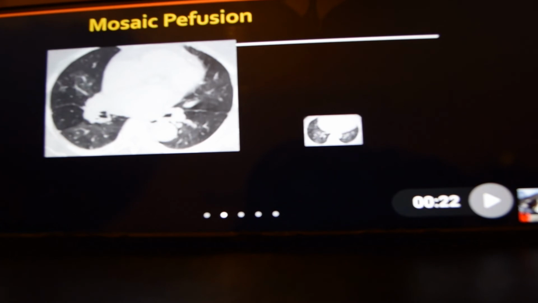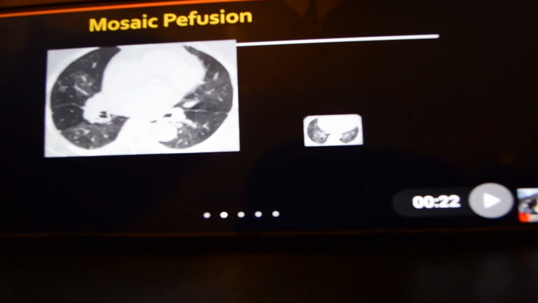So all this is mosaic perfusion. Now what is mosaic attenuation? This is a CT scan which is showing mosaic attenuation. This is the redistribution of blood flow towards normal parts of the lungs, and it may lead to increased attenuation of uninvolved parenchyma.